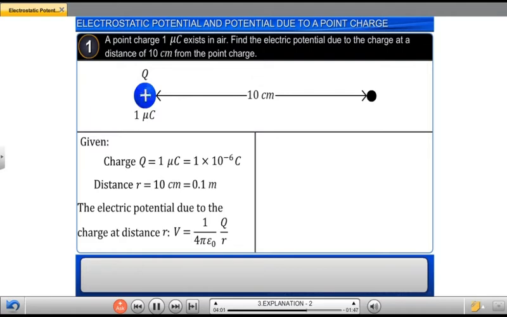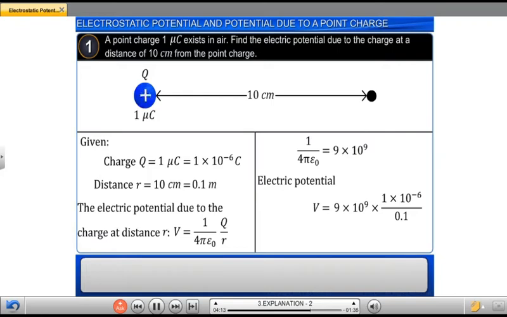The value of 1 by 4 pi epsilon naught is equal to 9 into 10 raised to the power 9. Substituting the values and calculating for V, we get electric potential V due to the charge at distance r equal to 9 into 10 raised to the power 4 volts.